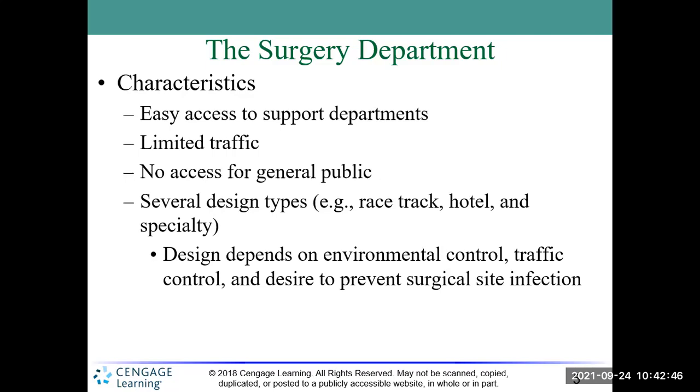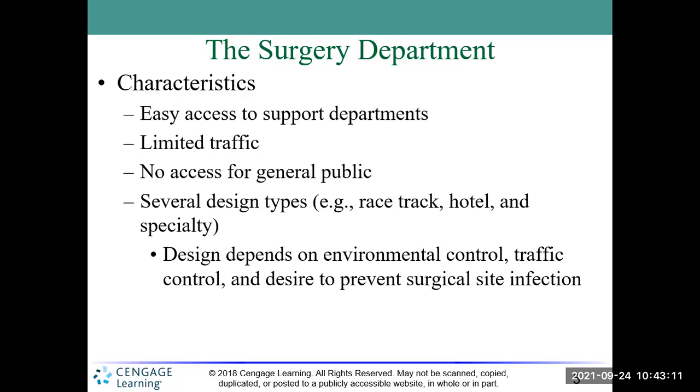So there's several different design types, and you'll see those in your textbook. There's the racetrack, the hotel design, and specialty, and I'll show you some of those pictures. The design really does help on this environmental control as far as controlling the amount of contaminants that are allowed into an area.